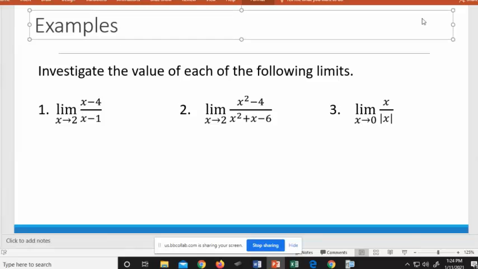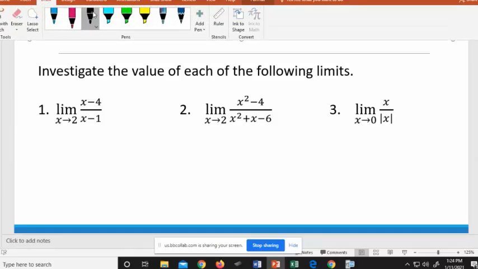So this first one, the limit of x minus 4 over x minus 1 as x approaches 2. Okay, so what is the limit of this function? Any ideas?